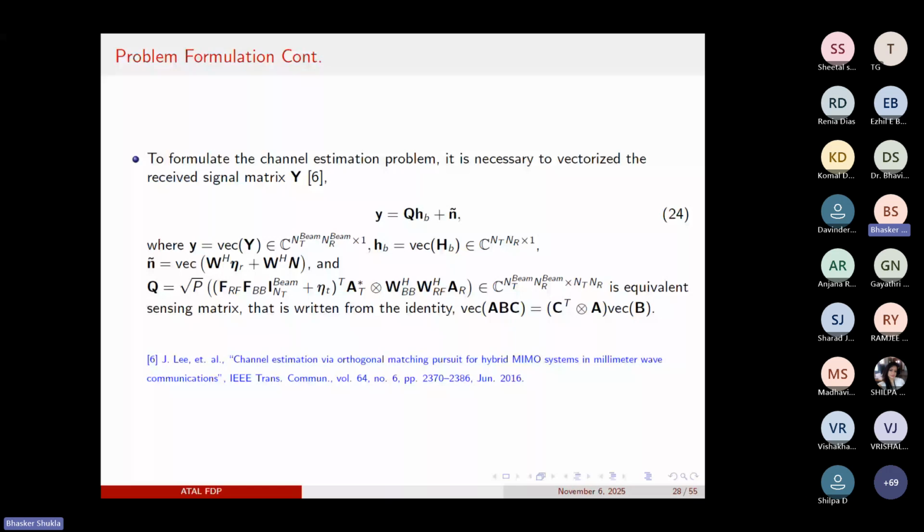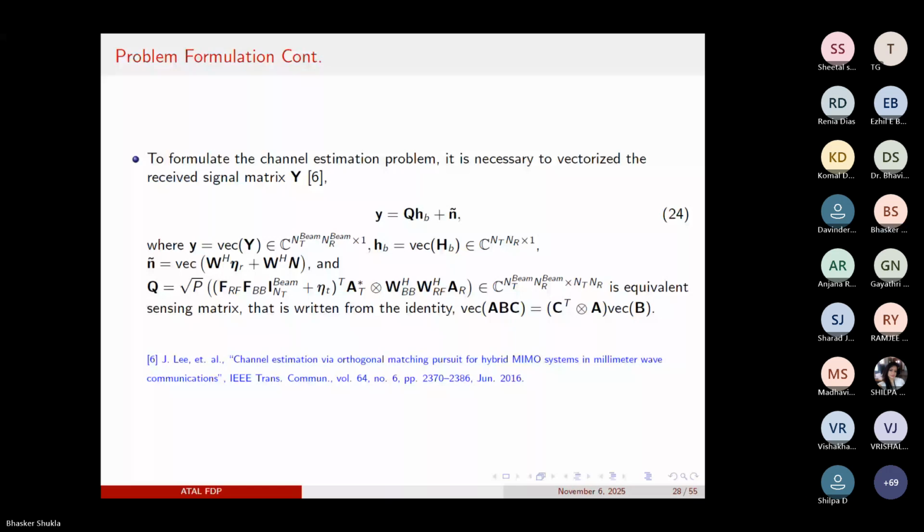For estimation purposes, we have to vectorize that equation, and after vectorization we find the vectorized form of the received signal y, given by equation 24, where Q is given by this relation, again a Kronecker product of different matrices.